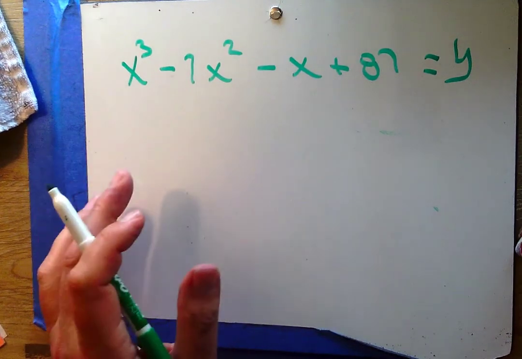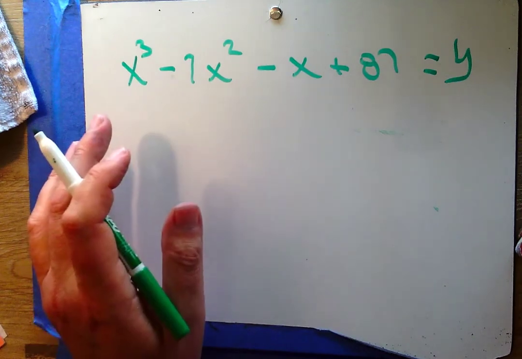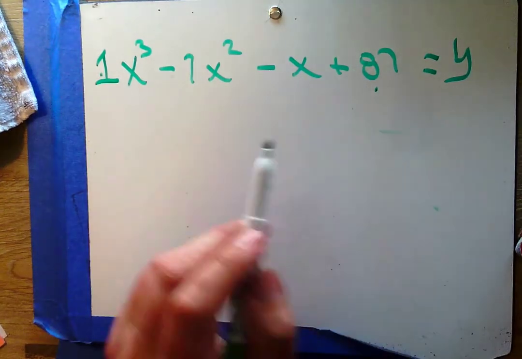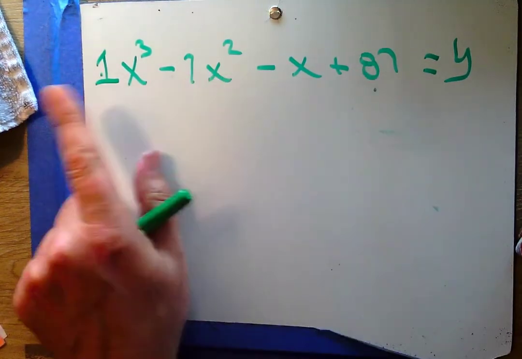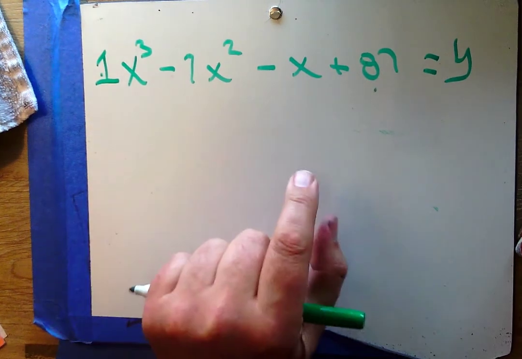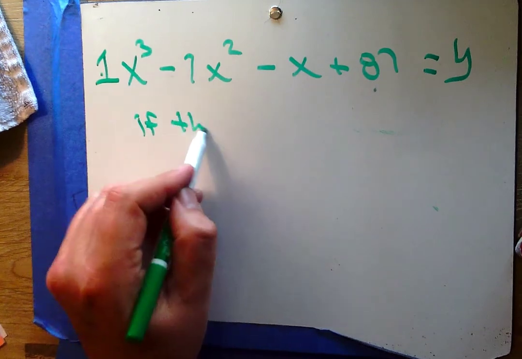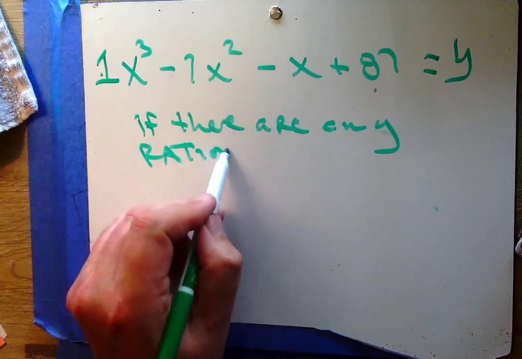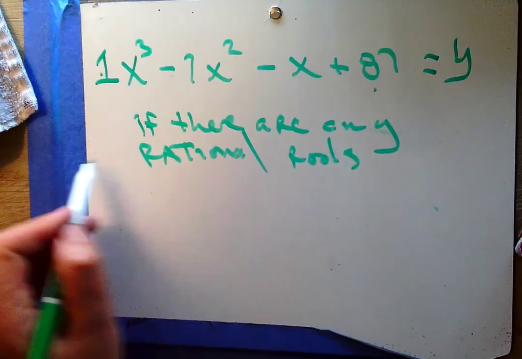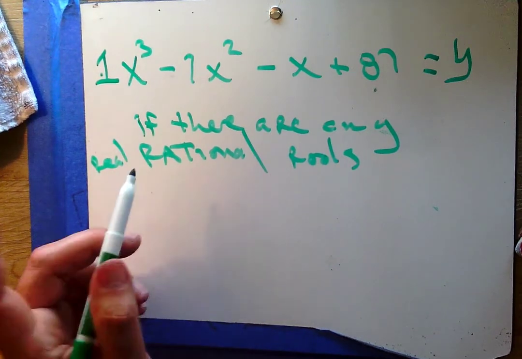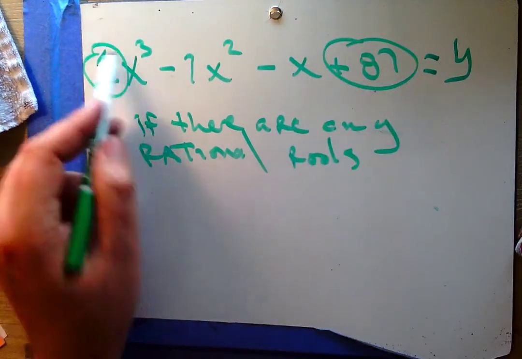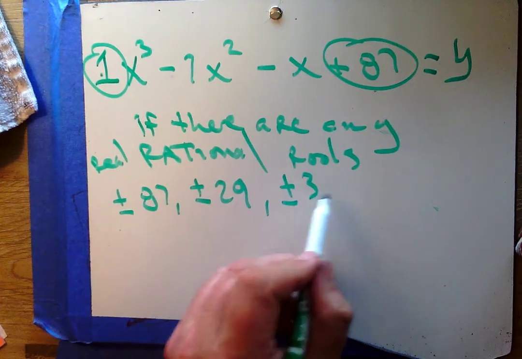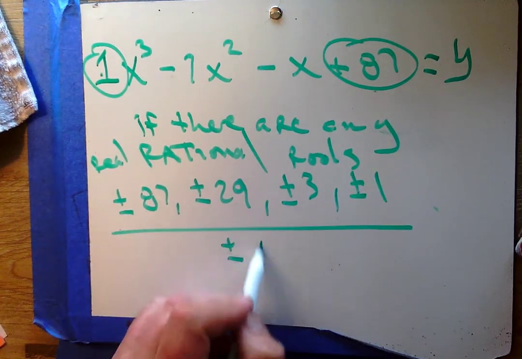Now, I will say that there was this really nifty old school method where we would take this number and this number, and we would say the factors of this number over the factors of this number are going to produce, if there are any rational roots, real rational roots, then I know the factors of 87 over the factors of 1, which is 87, which is 29, which is 3, 1 over plus and minus 1.